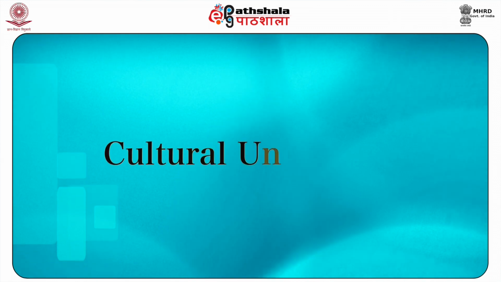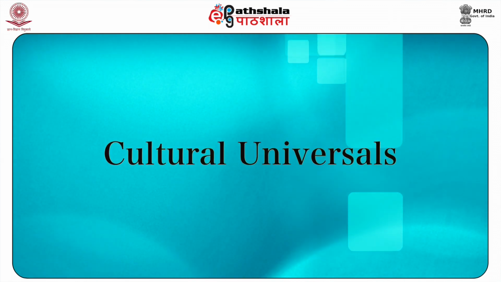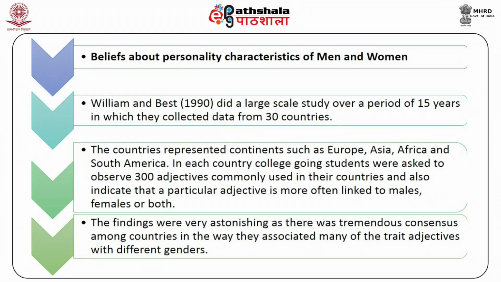Cultural universals. There has been an attempt to identify features of personality that are present in almost all the cultures, which are beliefs about personality characteristics of men and women. Williams and Best did a large-scale study over a period of 15 years in which they collected data from 30 countries. The countries represented continents such as Europe, Asia, Africa and South America.